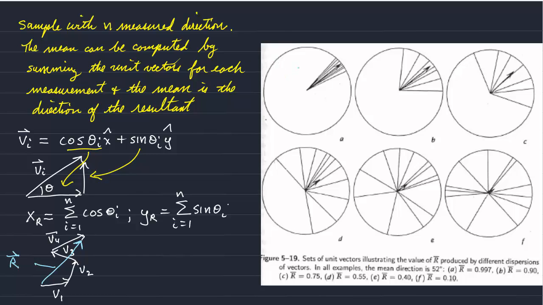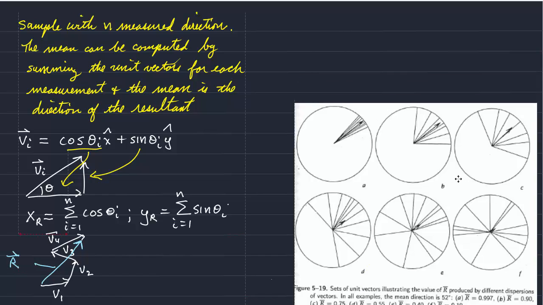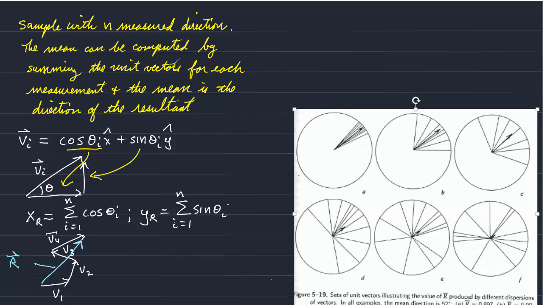And let me give myself a little more room here. So we can compute the mean angle as being the inverse tangent of the y component of the resultant divided by the x component of the resultant.